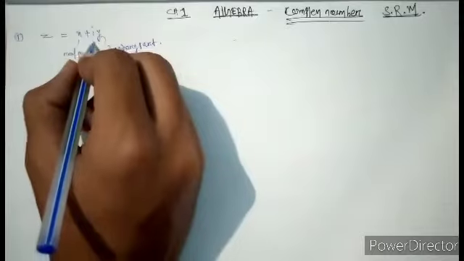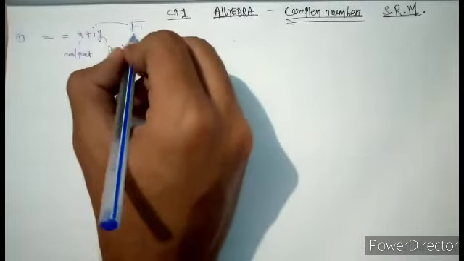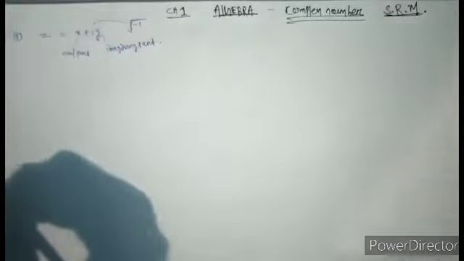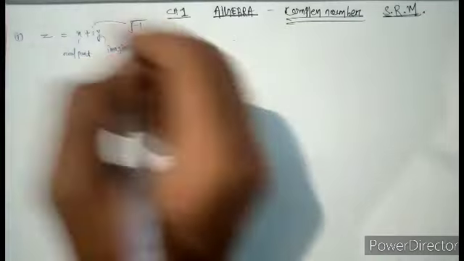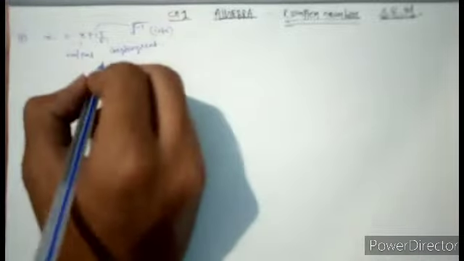Then the value of i is equal to root over of -1, and it is called iota, where x, y belongs to R.